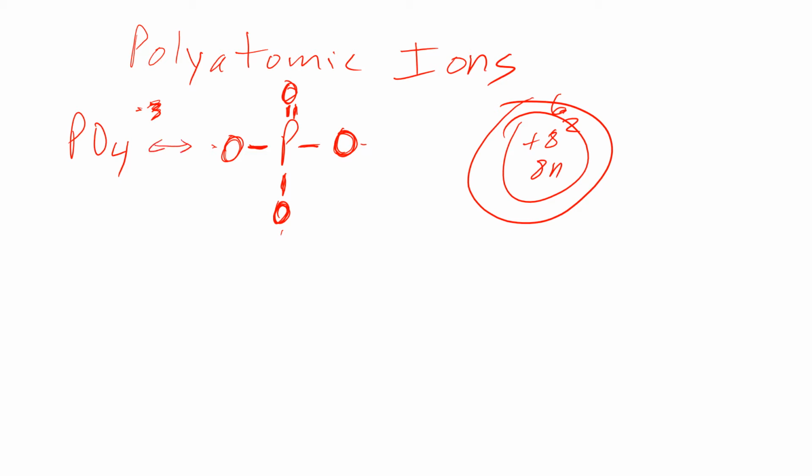This is a chemical formula, where it tells you what is present and how many of each: 1 phosphorus, 4 oxygens. And this is the structural formula, the arrangement of the atoms.